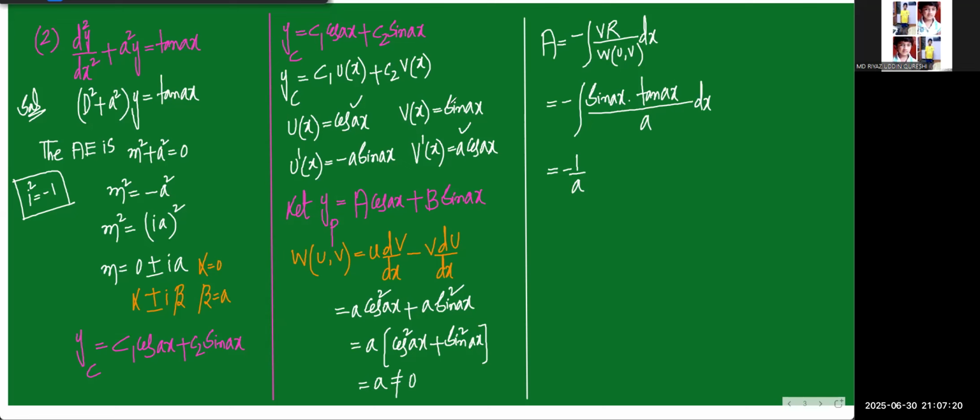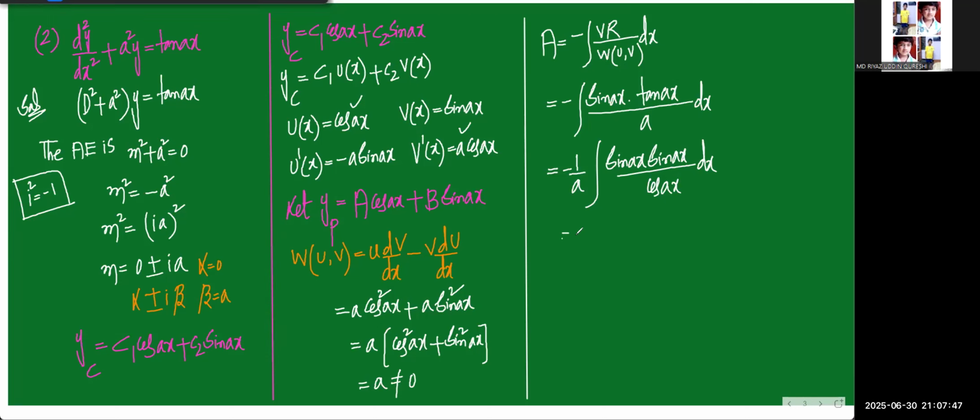Then minus, these two we multiply, sin ax. Tan ax can be written as sin ax by cos ax. This integration part we have to solve in a bit more detail, into dx.